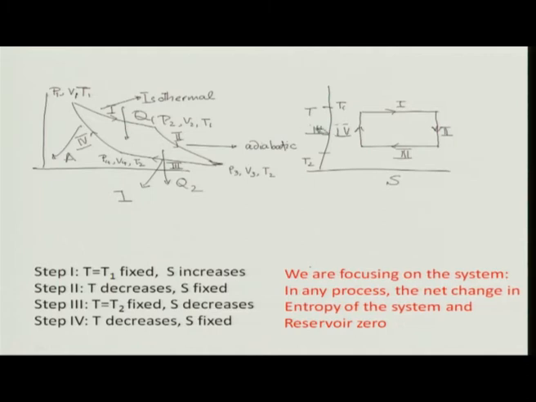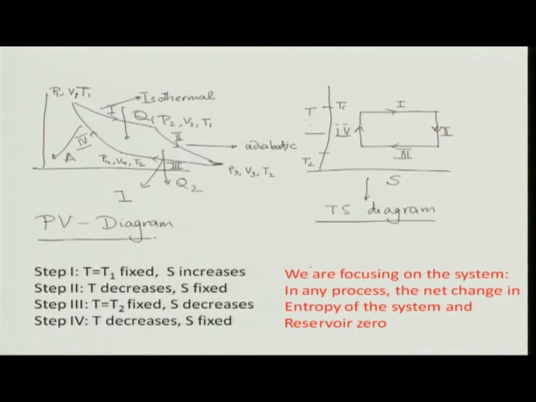Okay, so you see that the TS diagram for a Carnot engine, this is the PV diagram, and this is the TS diagram of the Carnot engine. Okay, TS diagram.